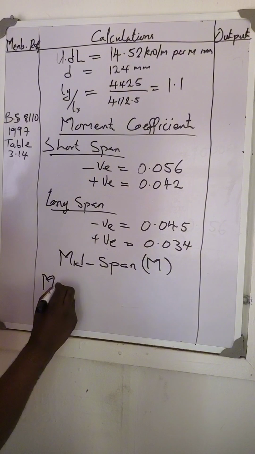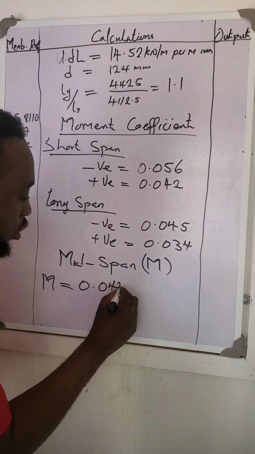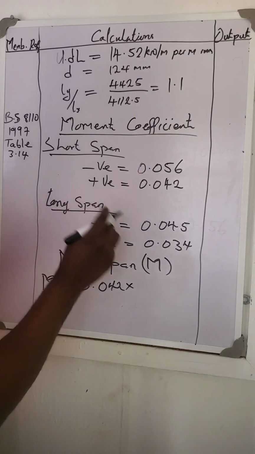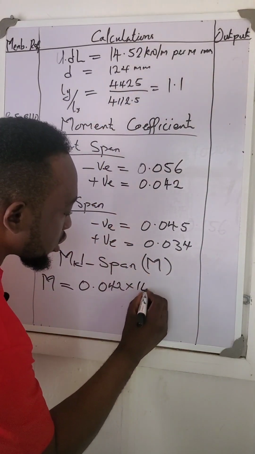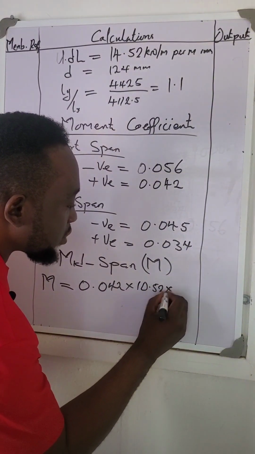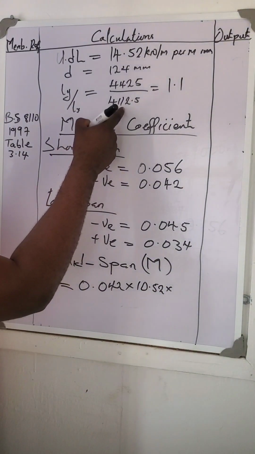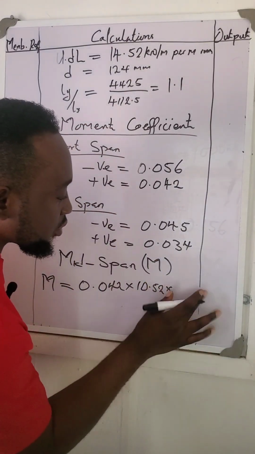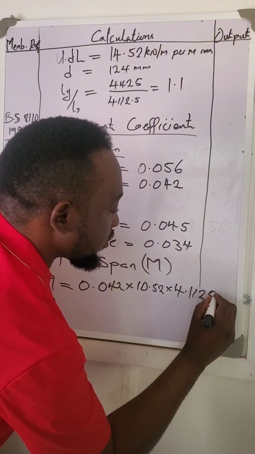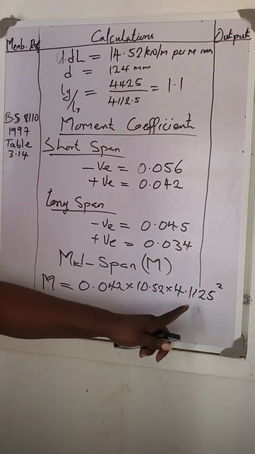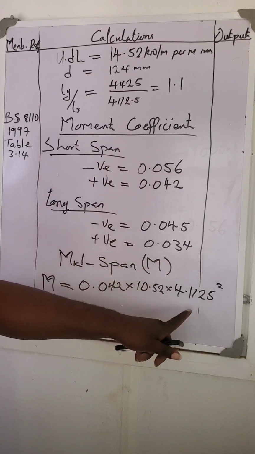The M is equals to 0.042 multiplied by our UDL, 14.52 multiplied by what? Our Lx, that is 4.1125 squared. This one is in millimeters, so we're converting to meters now.